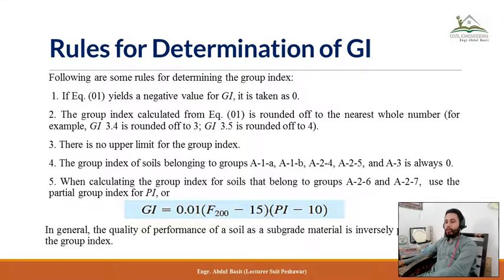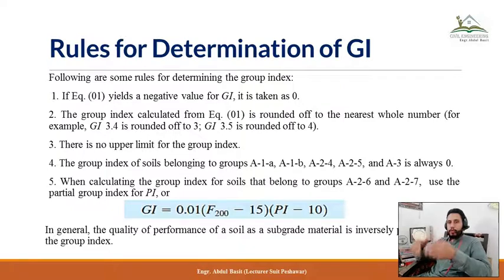Okay, how to calculate the group index? What is actually the tactic we use to determine the group index? It is simple: use that equation and put in all the values you have for percent passing through sieve number 200, the value for the liquid limit, and the value for the plasticity index.